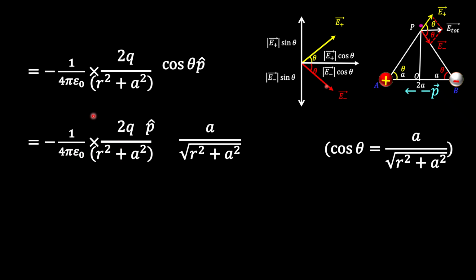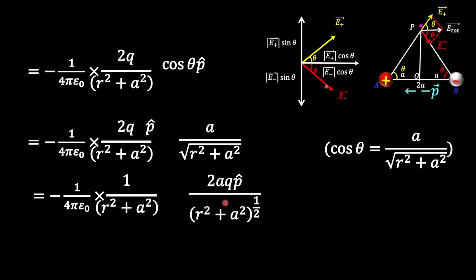Then it can be written as 2aq into p cap. And in the denominator, the square root of r square plus a square can be written as r square plus a square whole to the power 1 by 2. So here the base is the same, so we can add the powers, that is 1 plus 1 by 2 gives 3 by 2.